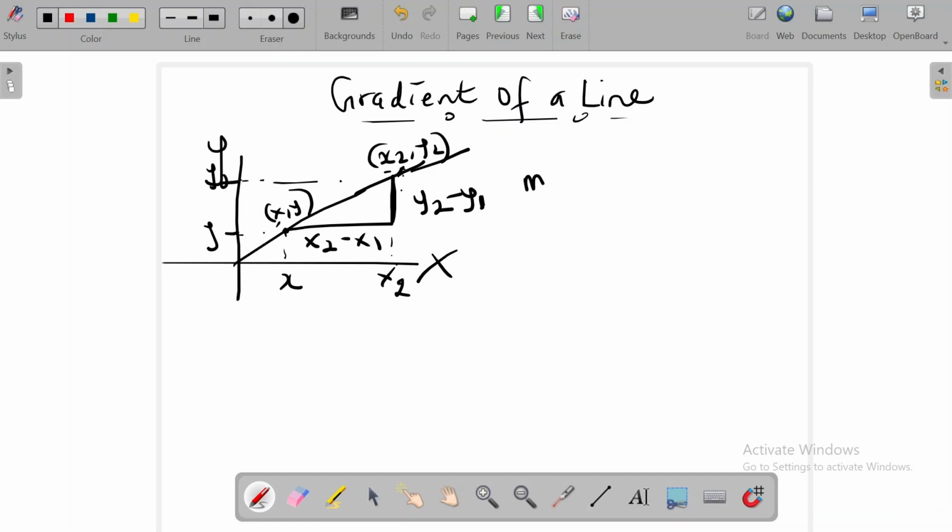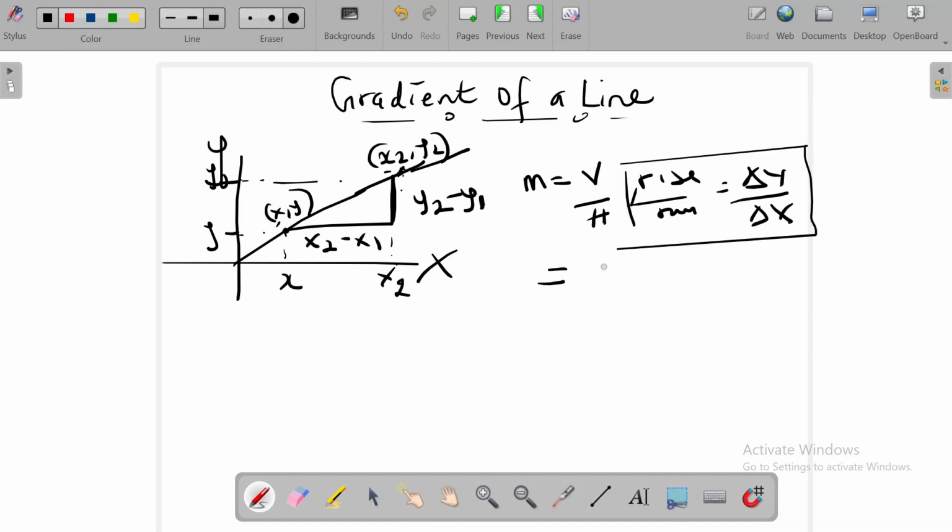The slope is simply the vertical over the horizontal, you can call it the rise over the run, you could call it the change in y over the change in x. It becomes y2 minus y1 over x2 minus x1. This is termed as the slope.